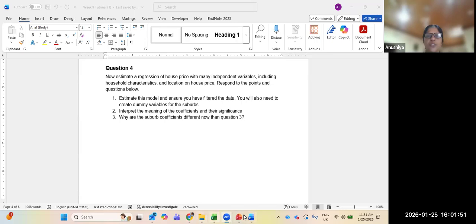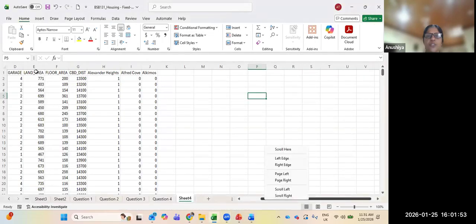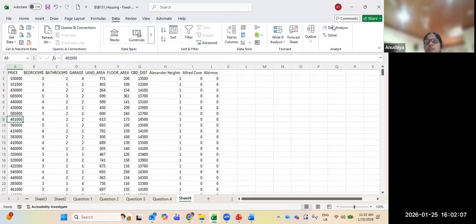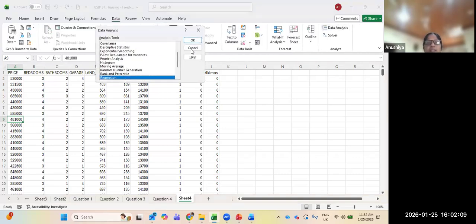So for that, this is the price variable, this is the house column with the characteristics, and this is the suburb variable. Now I'm going to run the regression, with price as the dependent variable and these as all the independent variables. For the regression, first I go to Data Analysis and then Regression.